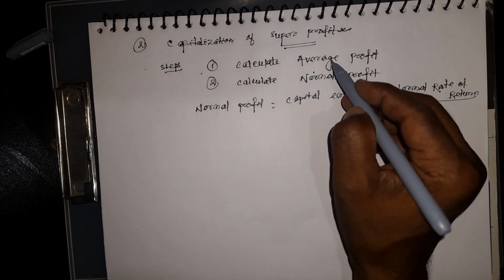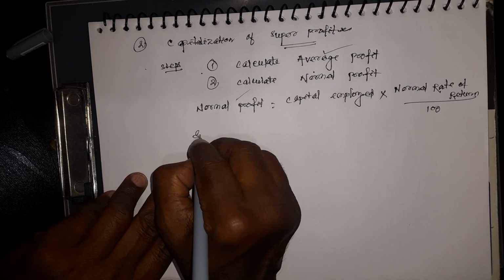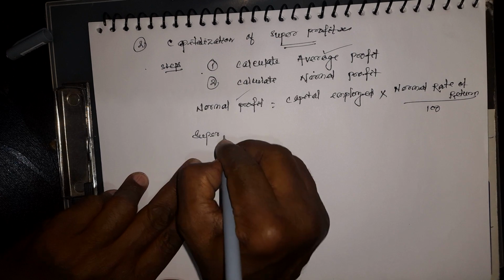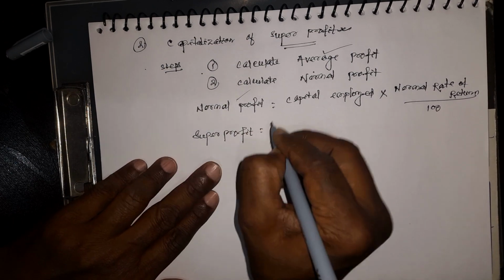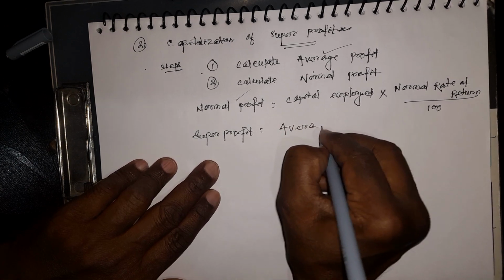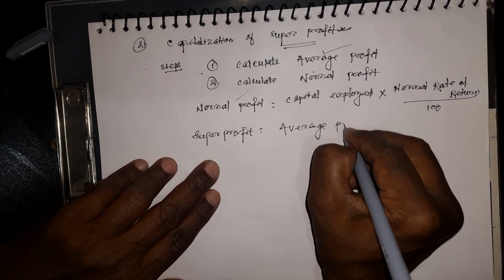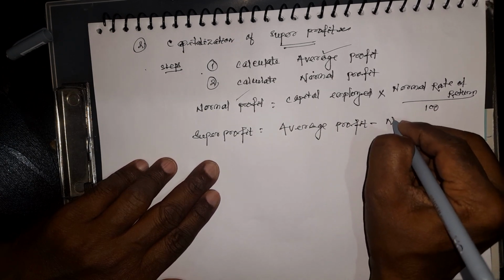After getting these two values, average profit and normal profit, you calculate the super profit. Super profit equals average profit minus normal profit.